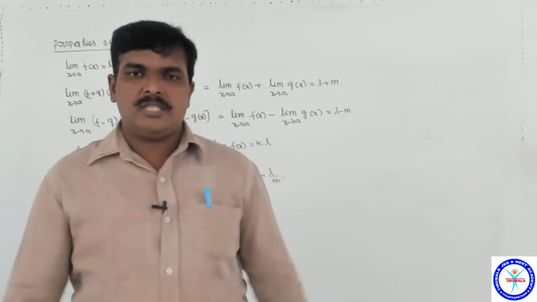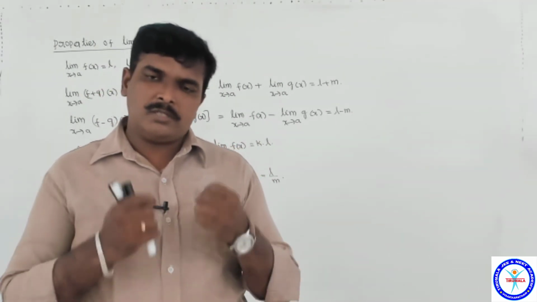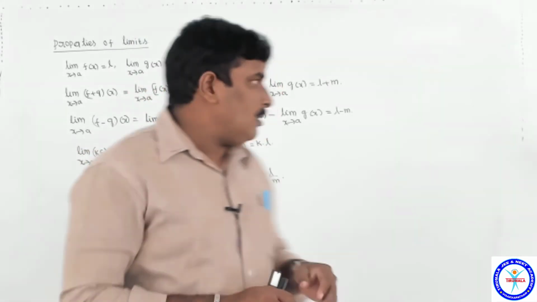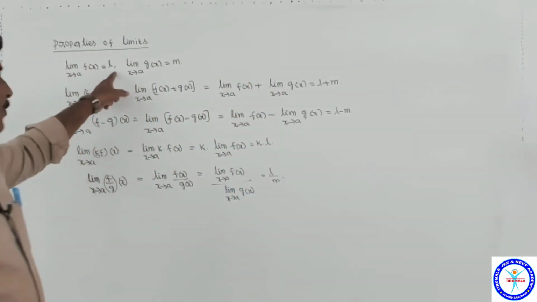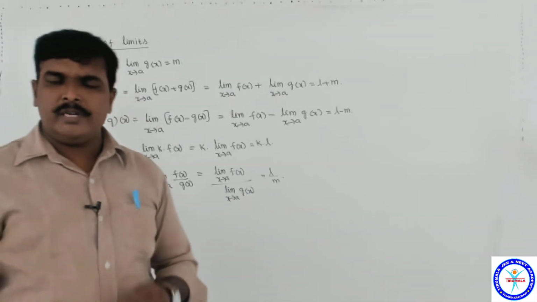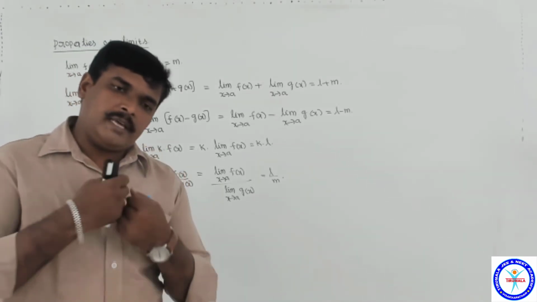If you do not understand the four definitions, no problem. We can directly solve any problem by just substituting the value. Limit x tends to a of f of x equals L means replace x with a, then you get the answer. No need for any concept or to learn any definitions.